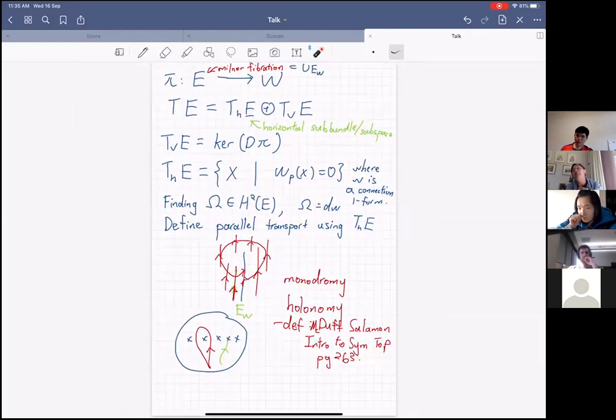Maybe the structure group for the Milnor fibration is U1. Could be. Then you choose omega, little omega, and d omega is the curvature. Maybe that's likely the case.